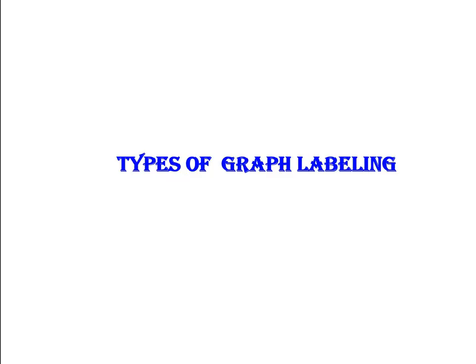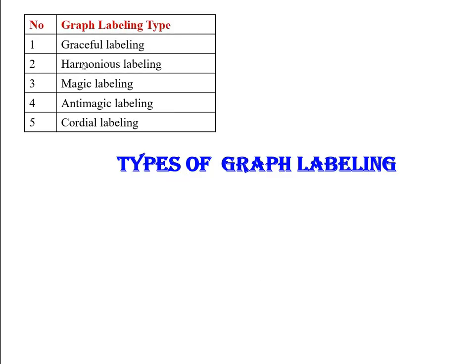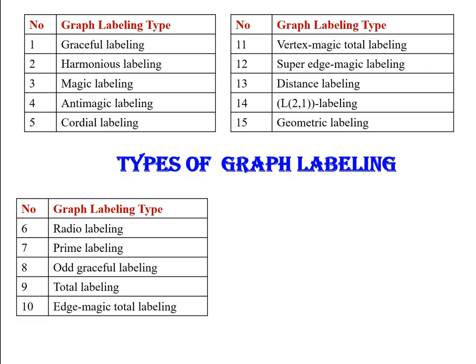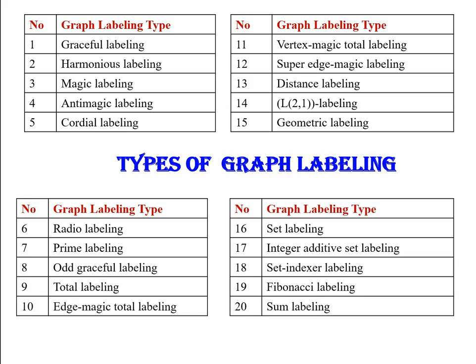So, types of graph labeling. You have graceful labeling, harmonious labeling, magic labeling, anti-magic labeling, cordial labeling, then radio labeling, prime labeling, odd graceful labeling, total labeling, edge magic total labeling, and vertex magic total labeling, super edge magic labeling, distance labeling, then L(2,1) labeling, and then geometric labeling, set labeling, integer additive set labeling, set indexer labeling, Fibonacci labeling, sum labeling.